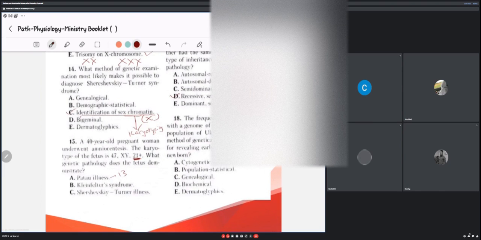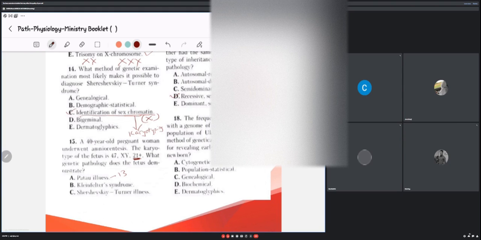All right, the frequency of heterozygotes with a genome of phenylketonuria in the population of Ukraine is 3%. What method of genetic investigation is used for revealing early phenylketonuria of a newborn? So straight to the point, phenyl itself is a substance in the body that you will see more of in biochemistry and medical biology too: phenyl, aniline, and all of those things.